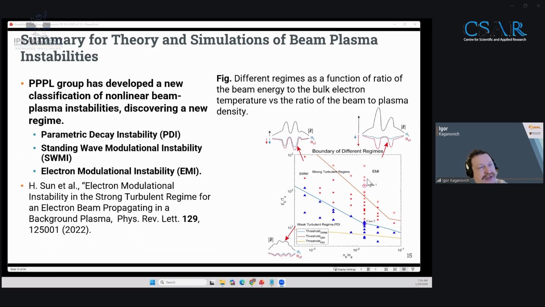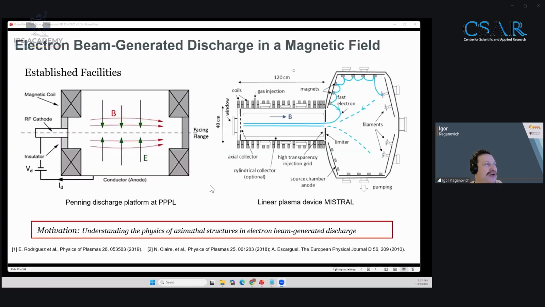Again, there were studies in the 70s of this so-called Langmuir collapse, and our contribution to this old story is that at very high amplitude of plasma waves, you produce this kind of new exotic, not that exotic, but new regime. So the point is, you can always discover new things in old, well-studied subjects, as you will see in a few slides.